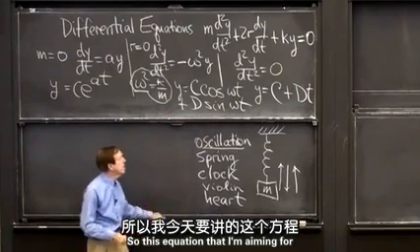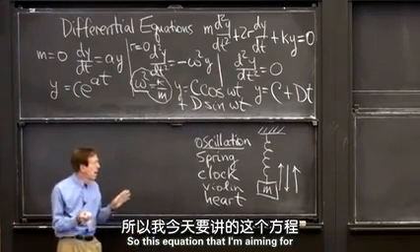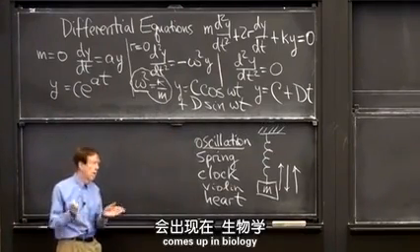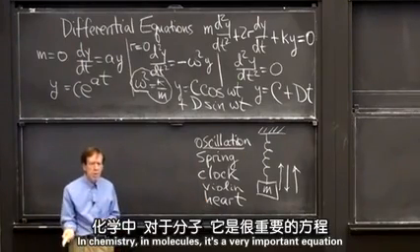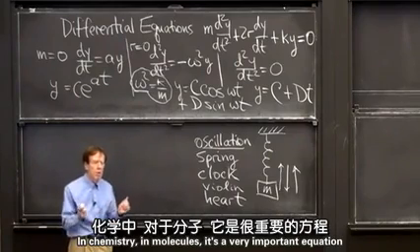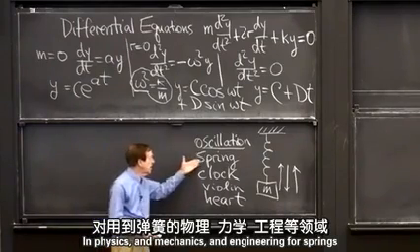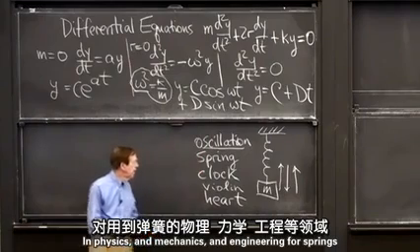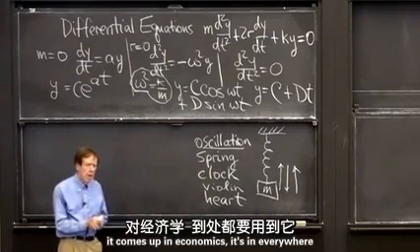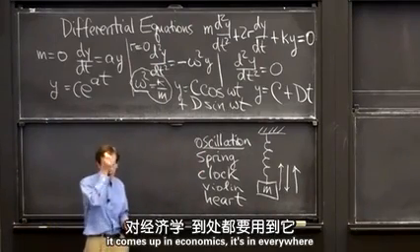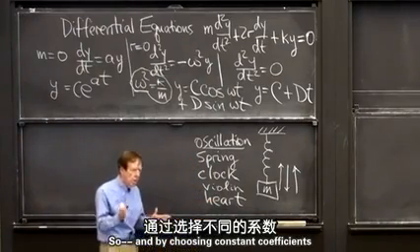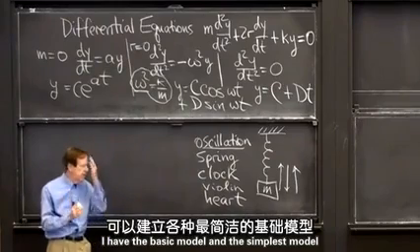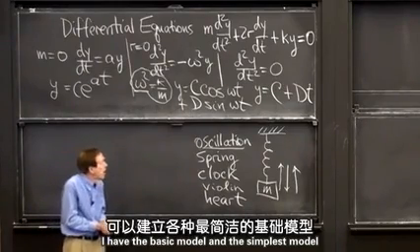So this equation that I'm aiming for comes up in biology, in chemistry for molecules. It's a very important equation. In physics and mechanics and engineering for springs. It comes up in economics. It's everywhere. And by choosing constant coefficients, I have the basic and simplest model.